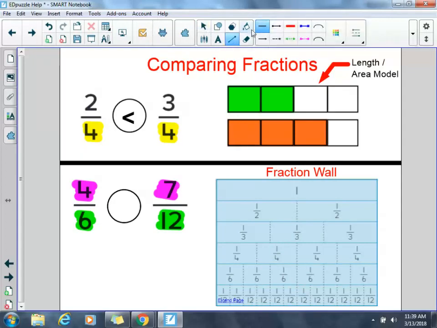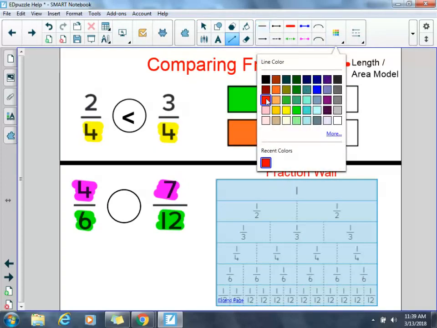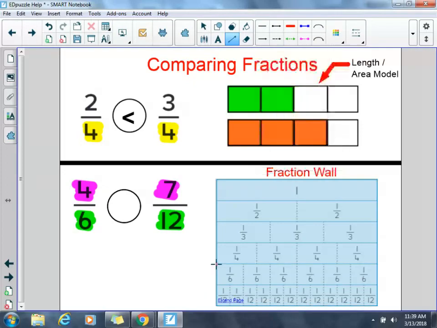So I'm going to draw some lines here so we can see it a little bit better. I'm trying to compare 4/6 to 7/12. So I've got to figure out which one takes up more space. Well, notice all of my pieces start on the same point, okay? Just like on a number line, they all start at the same point, okay? So here would be, if I stretch this out, that's 1/6.